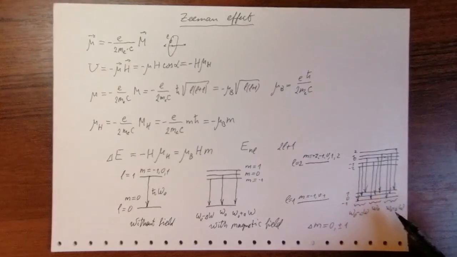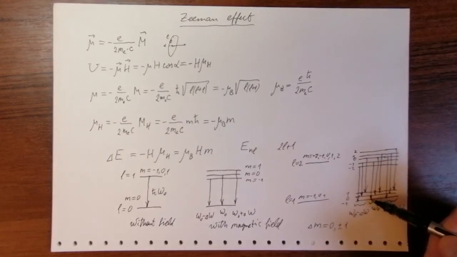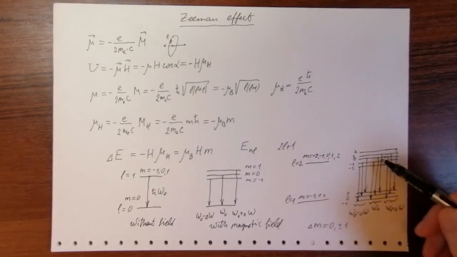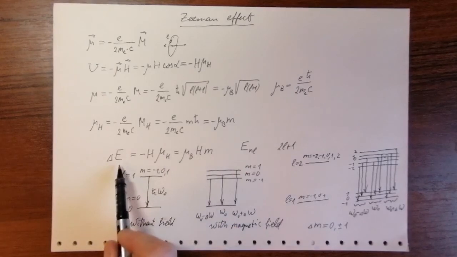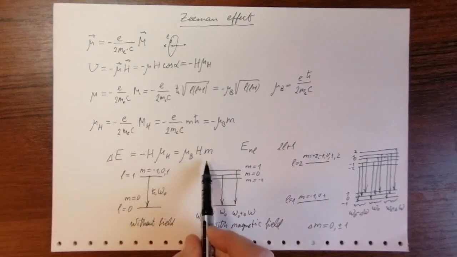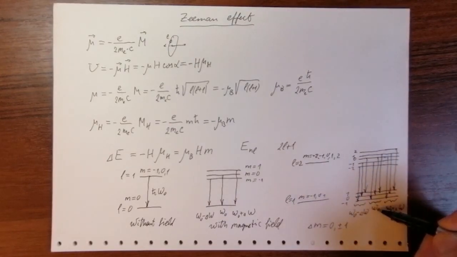Now look, if the transition is between -1 and -1, or 0 and 0, and +1 and +1, these distances are always the same because delta E depends only on M. So they will produce the same frequency omega 0.